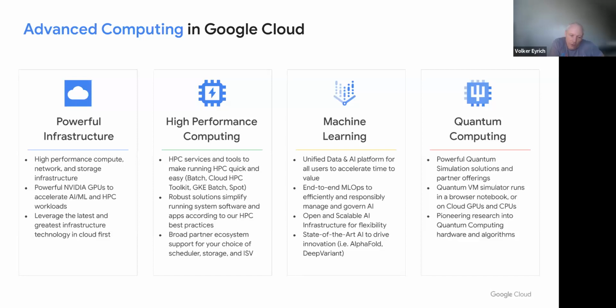We've also focused explicitly on high-performance computing, and scientific computing and high-performance computing are sometimes used interchangeably. When we say high performance, we mean high performance, right?